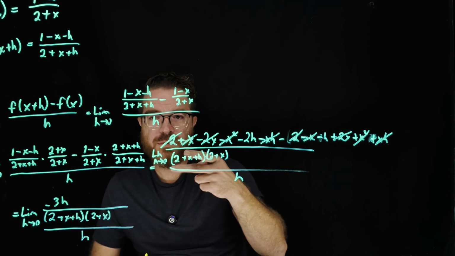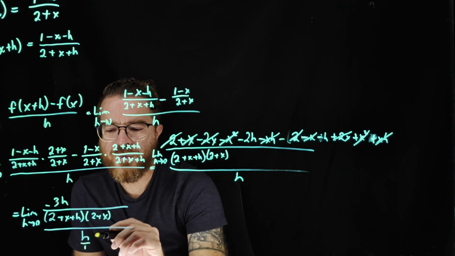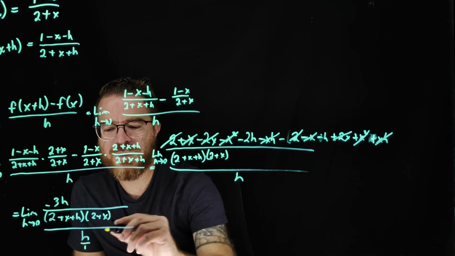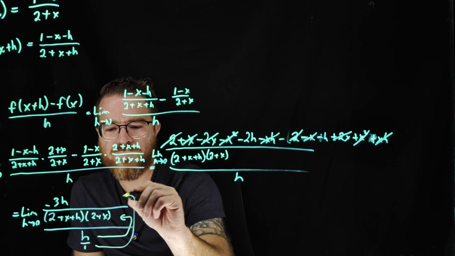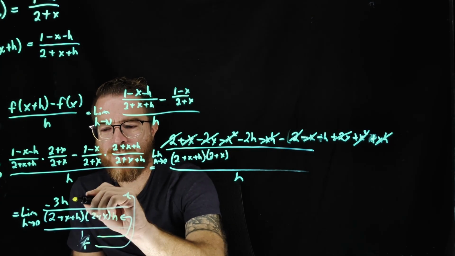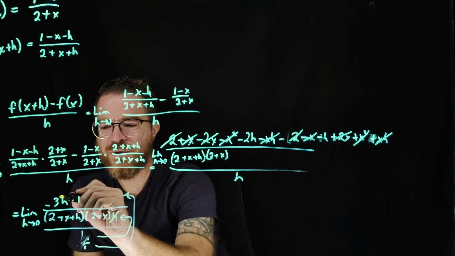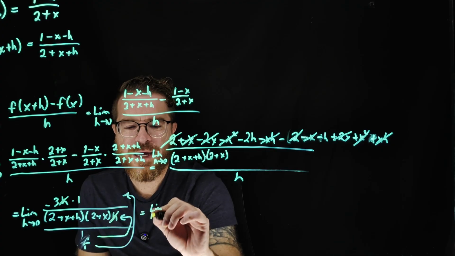So you're going to do multiplication by the reciprocal, and you can think of this h as h over 1. So this is going to take the term and flip it. So this is like bringing the h up to this term and the 1 up to the top. So I'm going to have an h here and a 1 here. This h will cancel with this h.